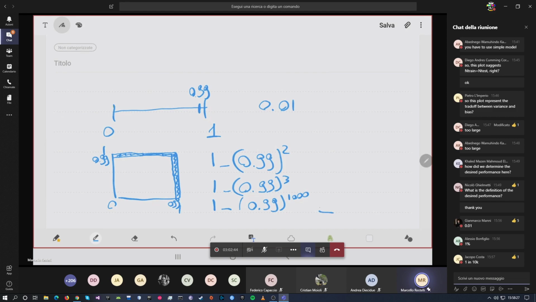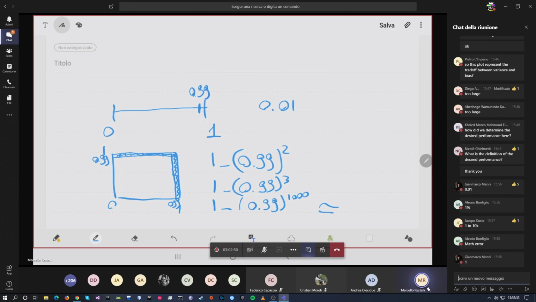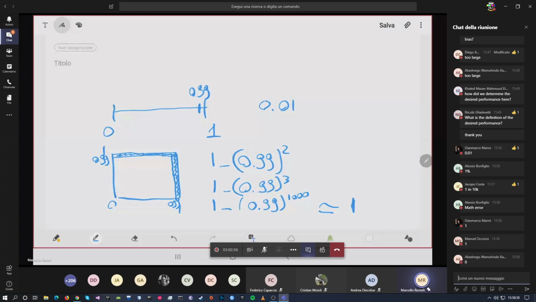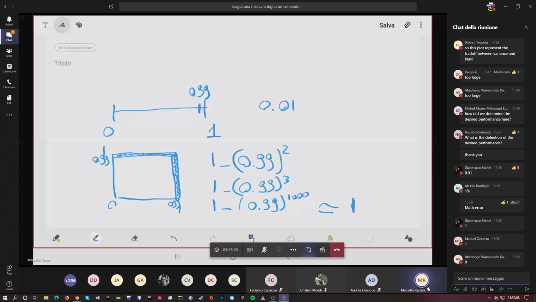It is nearly equal to 1. No, it is equal to 1 because 0.99 raised to the power of 1000 is almost 0. 1 minus 0 is almost 1. So it means that if you have 1000 dimensions, the probability that you will sample from this thin border of this high dimensional hypercube is almost 1. So there is actually probability 0 to sample inside it. And this actually is the curse of dimensionality.